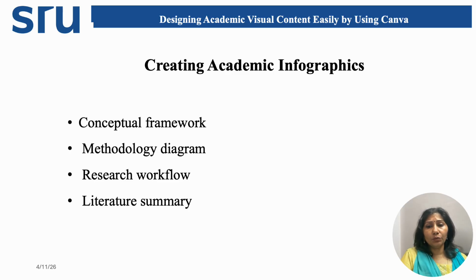The proper use of layout, color, and icons depends upon your creativity and ideology, which significantly enhances the clarity and the impact of the academic content. So you can use any of the icons which are available. Either you can go for the premium version or the unpaid version, and you can create the content and use it.